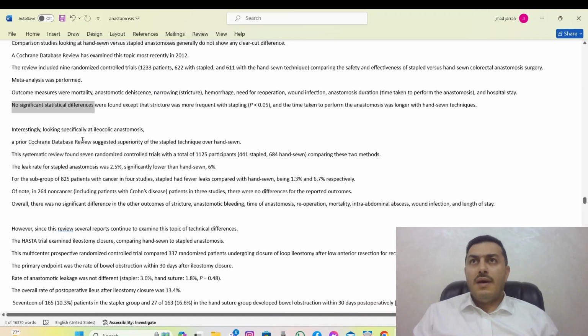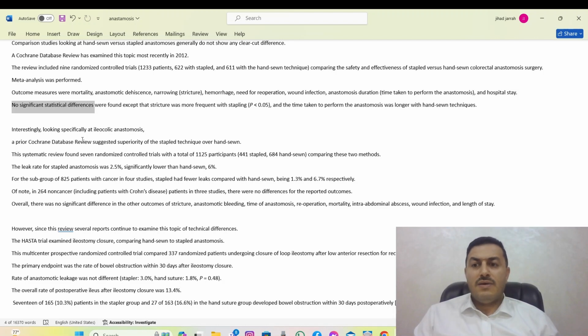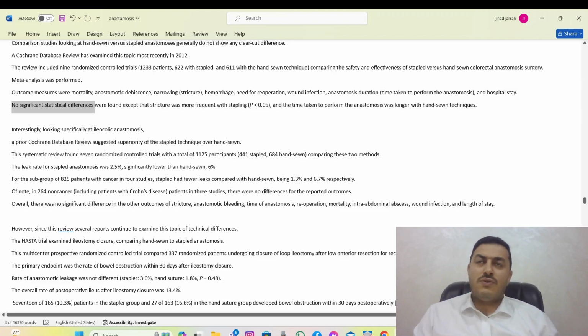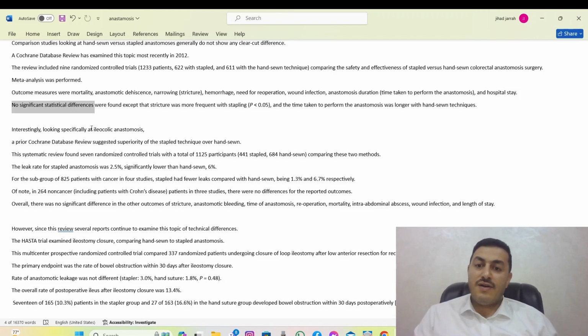Okay, actually they highlight the ileocolic anastomosis and how in many studies they found that using hand sewn anastomosis is associated with a higher leak when compared to stapled anastomosis.